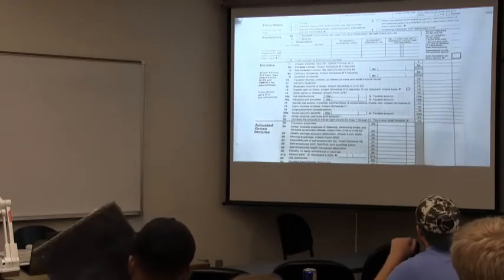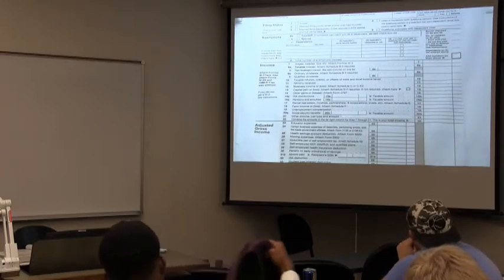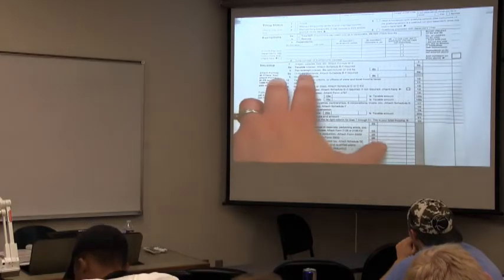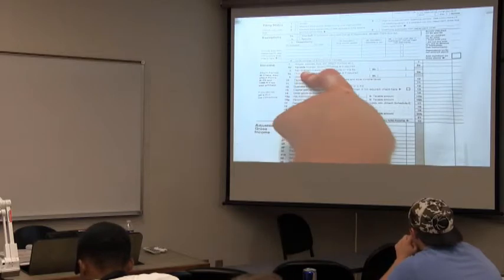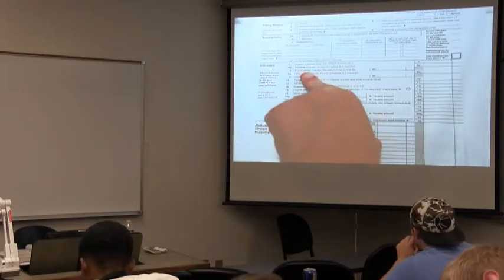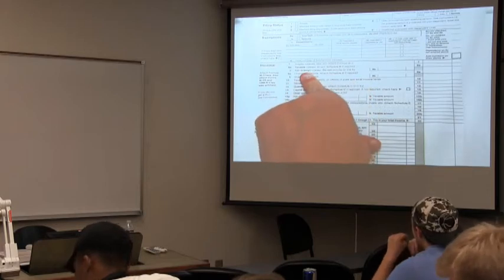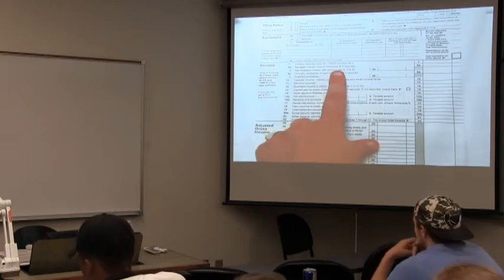Like I said, for the most part, anything excluded from income is not going to show up on a return. There are some exceptions. Here's one: line 8B, tax-exempt interest. There are some forms of interest that are not subject to tax. That would be an exclusion, but it is required to be reported on a 1040.